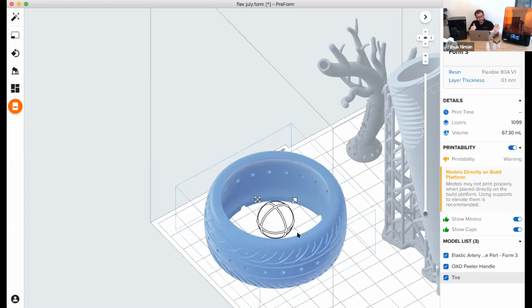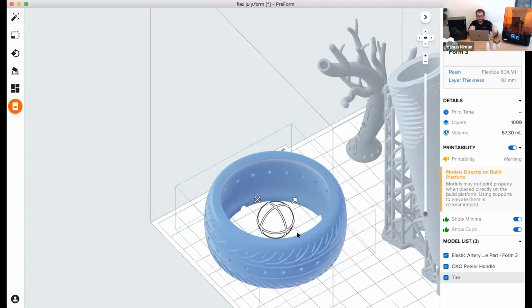Because with that flexible bottom, it's not like you're pulling against a hard surface anymore. You have this gradual peel from the edges in, where it's not force on the entire bottom of the part at the same time. It's gradual, and you can peel those edges away, and it's a lot more delicate with parts. And with hard resins, it's not a big deal.